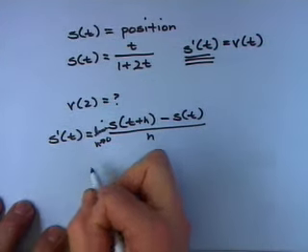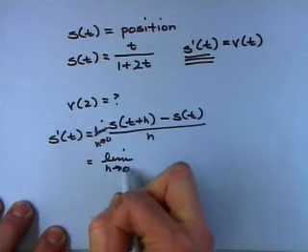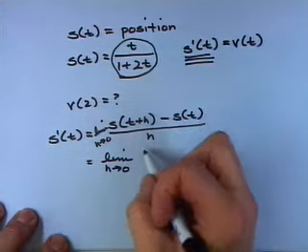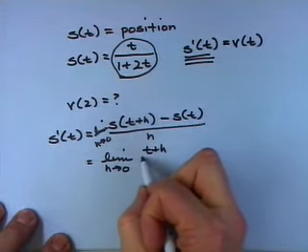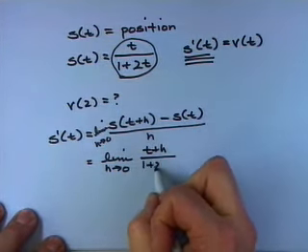That's important. Okay, what is this function with a t plus h put in for every t? Well, there's our function: 1 over 1 plus 2 times the quantity t plus h. Is that okay?